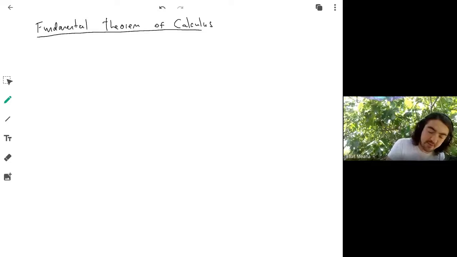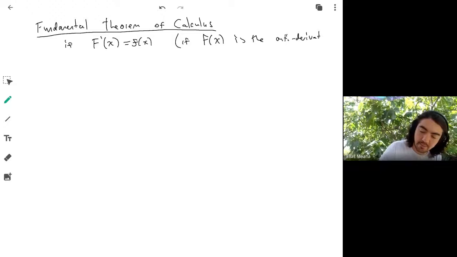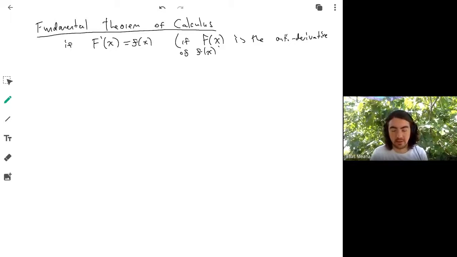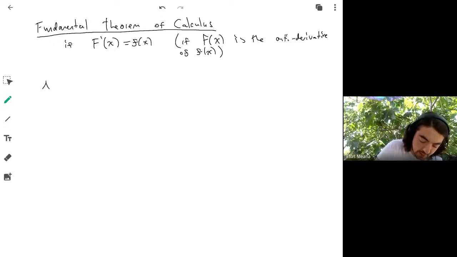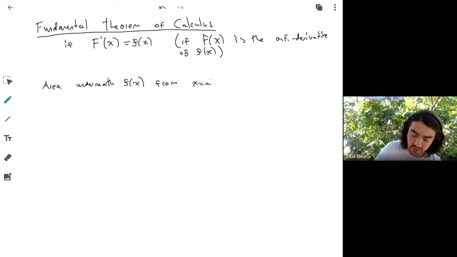The fundamental theorem of calculus tells us that if big F prime of x is equal to little f of x, so in other words, if big F of x is the antiderivative of little f of x, that's what F prime of x equaling little f of x means, then the area underneath little f of x from x equals a up to x equals b is given by big F of b minus big F of a.